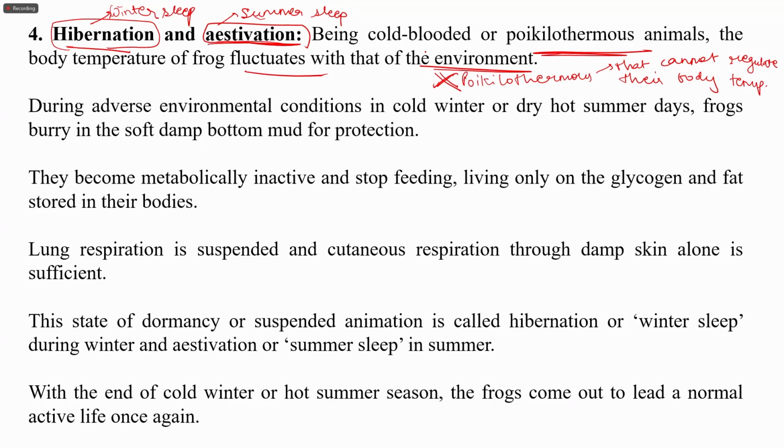Therefore, in order to escape the extreme heat in the summer season or the extreme cold during the winter season, these animals undergo hibernation, that is winter sleep, or estivation, which is the summer sleep. During adverse environmental conditions in cold winter or dry hot summer days, frogs bury in the soft damp bottom mud for protection, where the temperature of the environment remains almost favorable.